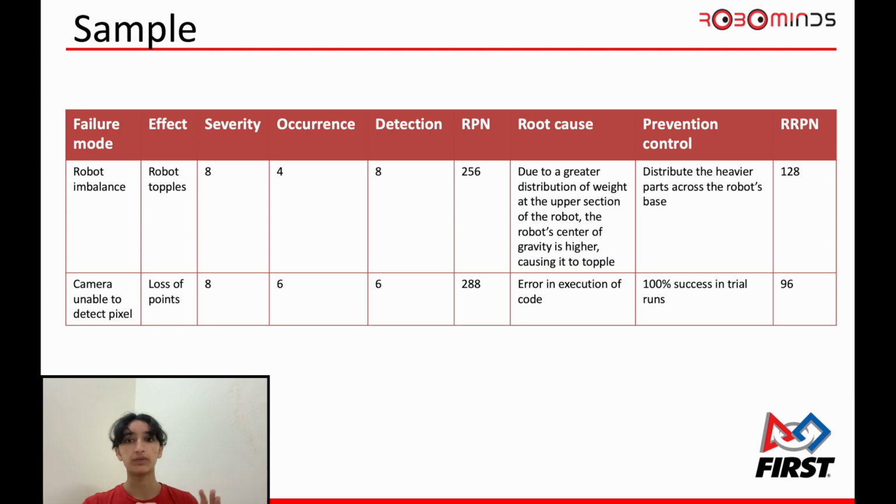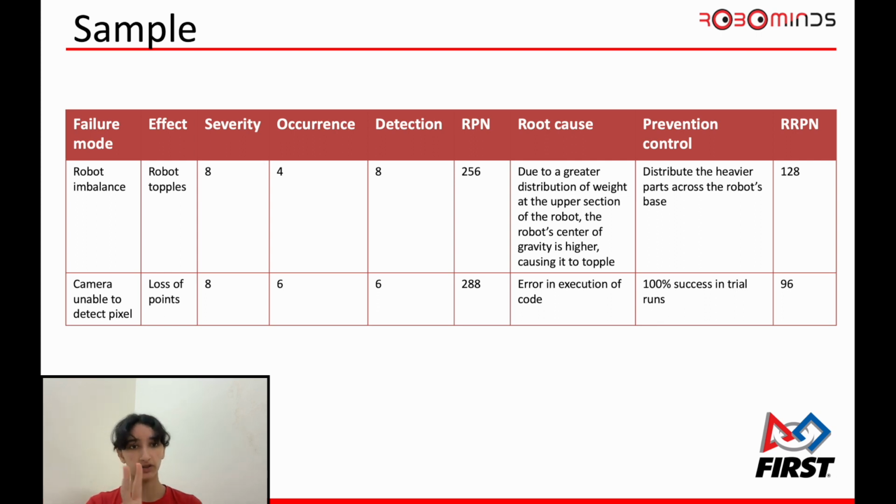So when you multiply these numbers, you get an RPN value of 256, and after we get this value, we've identified the root cause. It's that the distribution of weight at the upper parts of the robot is greater, so it's heavier, which has caused the center of gravity of the robot to be higher, which makes it very easy for the robot to fall over.